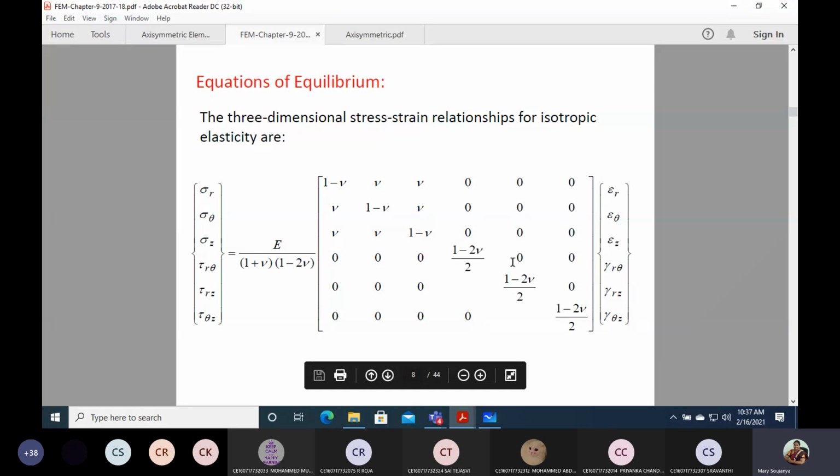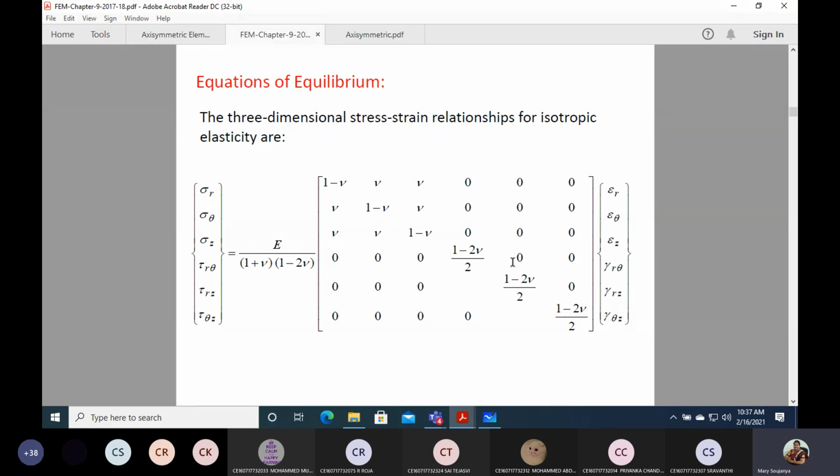The only change is in the coordinate system: our x, y, z have just become r, theta, z here. The whole constitutive matrix remains the same. No difference. Out of this, which terms become zeros and which are eliminated is what we have to see.